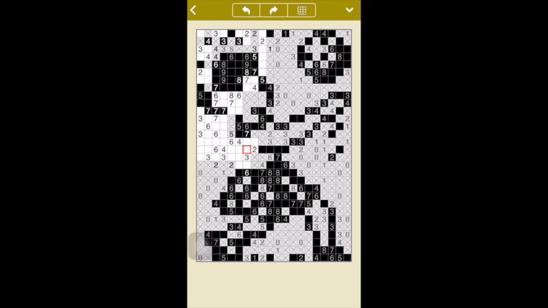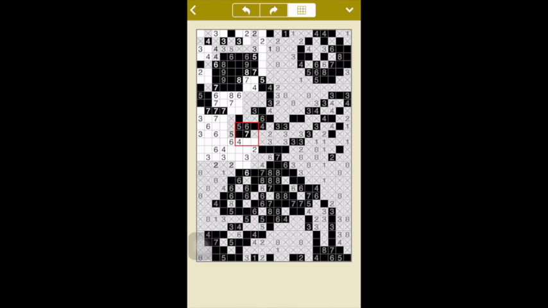Another way is looking at the 7. I have 5 black spaces, so I just need to find 2 more. But I can only put one black space in this area because of the 2, right? I cannot have 2 black spaces like this, otherwise that is not correct.